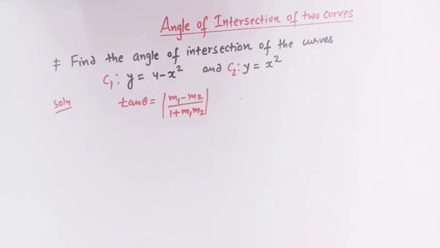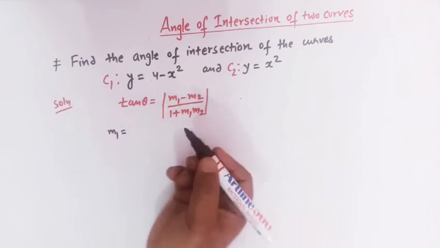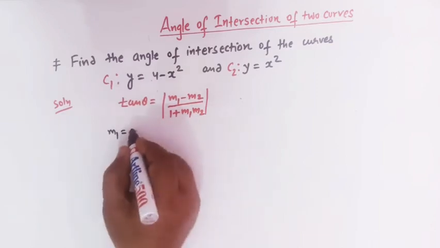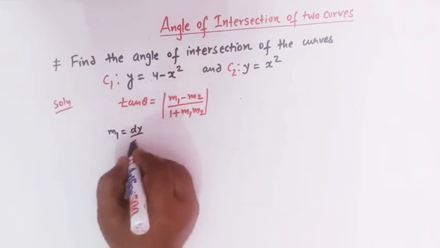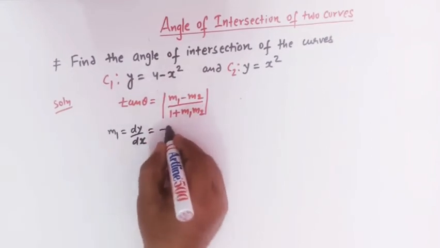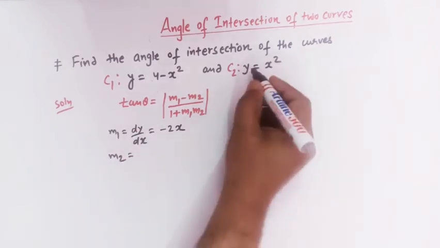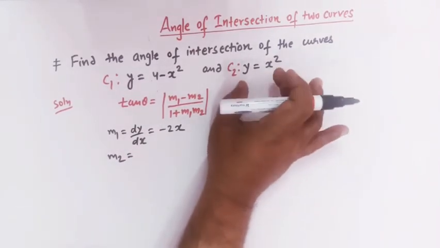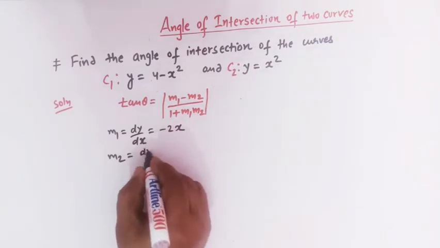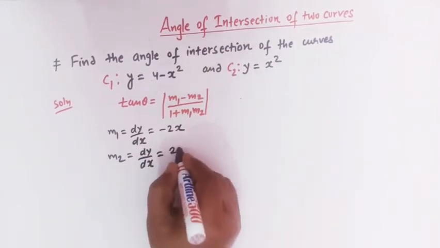Now m1 is the slope of the tangent to the curve number 1. So m1 is dy over dx, and from here we have dy over dx is equal to minus 2x. And m2 is the slope of the tangent to the curve number 2. So this is dy over dx, and here dy over dx is 2x.